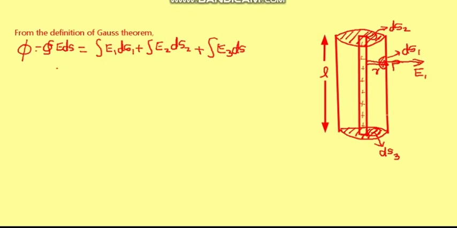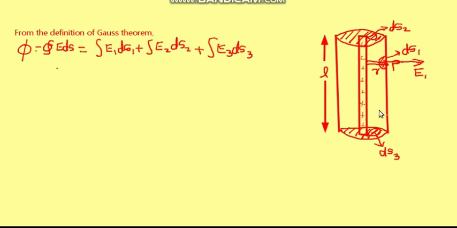And here, as already told, dS2 and dS3 belong to the flat surfaces, and you can see that these electric field lines are always coming normal to this conductor, and these electric field lines will be passing normally through the dS1. So through dS1 electric field lines will be normal.